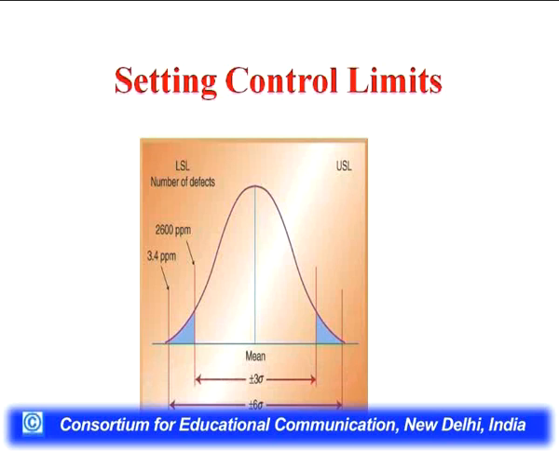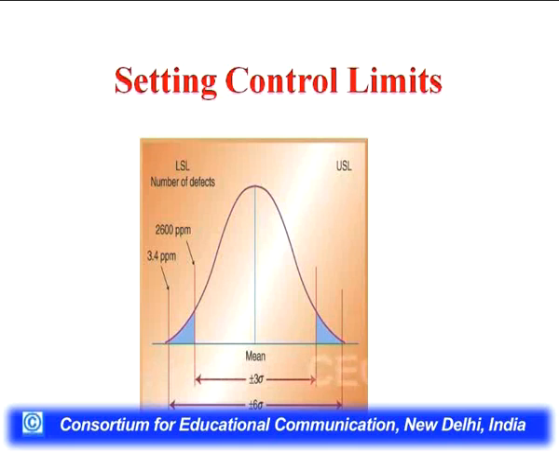Plus minus 3 sigma means 99.73% of products will be manufactured within this range. Only 0.27% defective will be produced. In ppm terms, only 2600 ppm will be out of these plus minus 3 sigma limits.